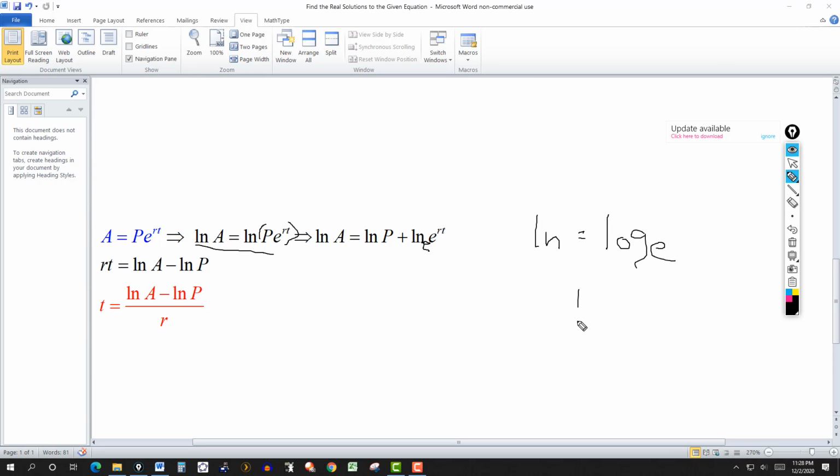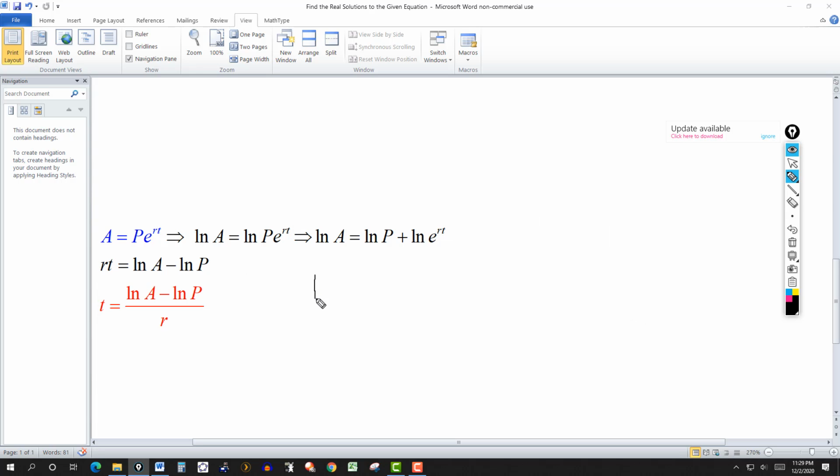Now if you just have log with no base, it's always understood to be base 10. If it's ln, it's understood to be log to base e. So then because this is e here and we have base e, the log of this thing becomes the exponent.